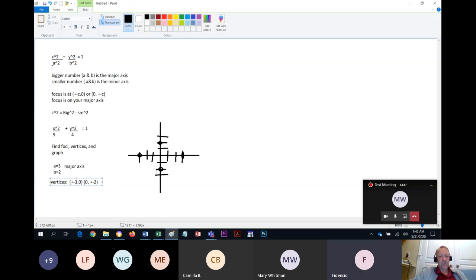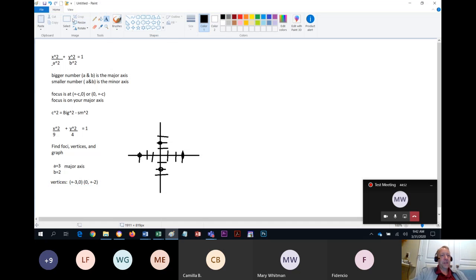I've tried to mark those on there. Then, of course, at this point I can draw my ellipse. That actually looks pretty kind of circular there. Okay, so I've sketched the graph.